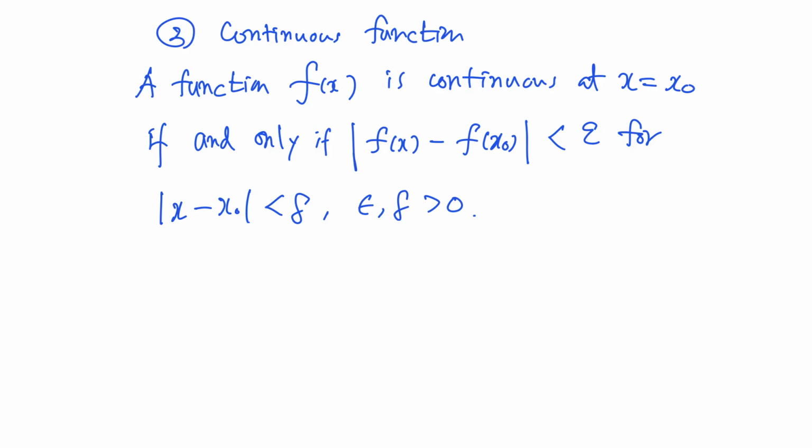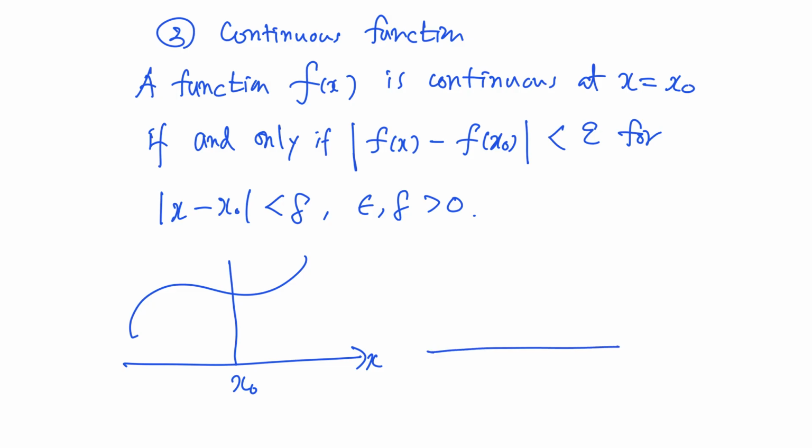At a certain point, x naught, x0. So the difference between f(x) and f(x0) is less than some epsilon whenever |x minus x0| is less than delta, for both epsilon and delta. So if something like this, this is continuous, right? How about this?